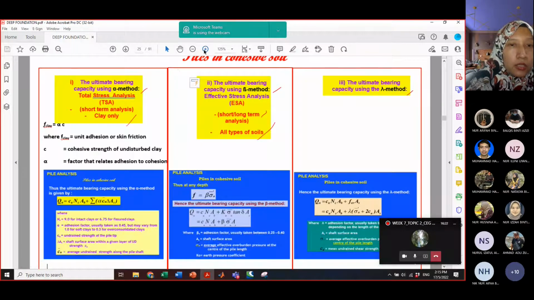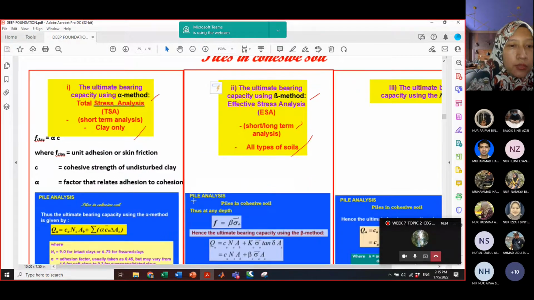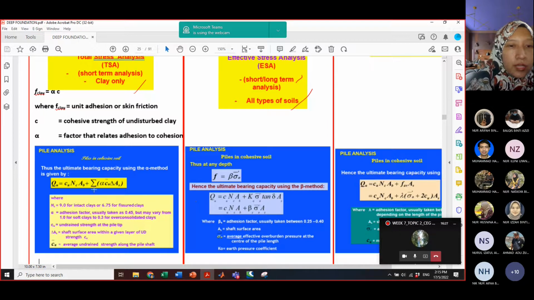Then the ultimate bearing capacity of the pile only differs at the second term. Earlier I told you that the ultimate bearing capacity of a single pile QU consists of QB plus QS.